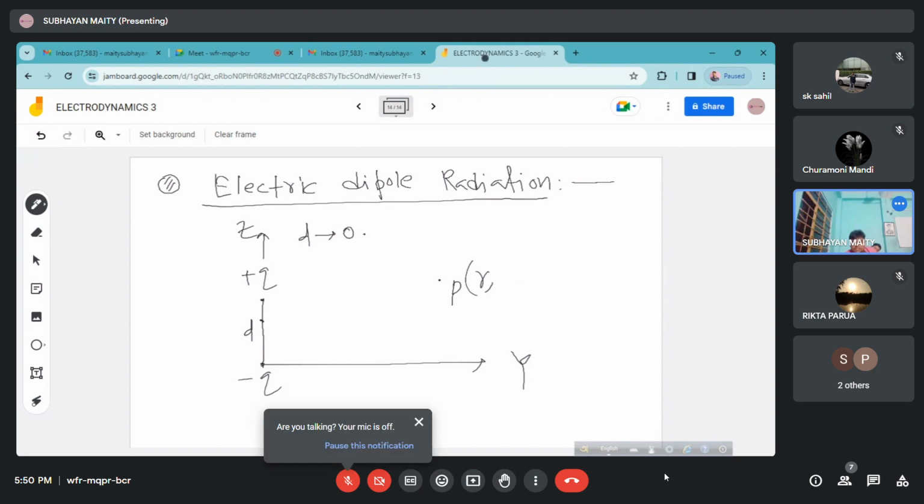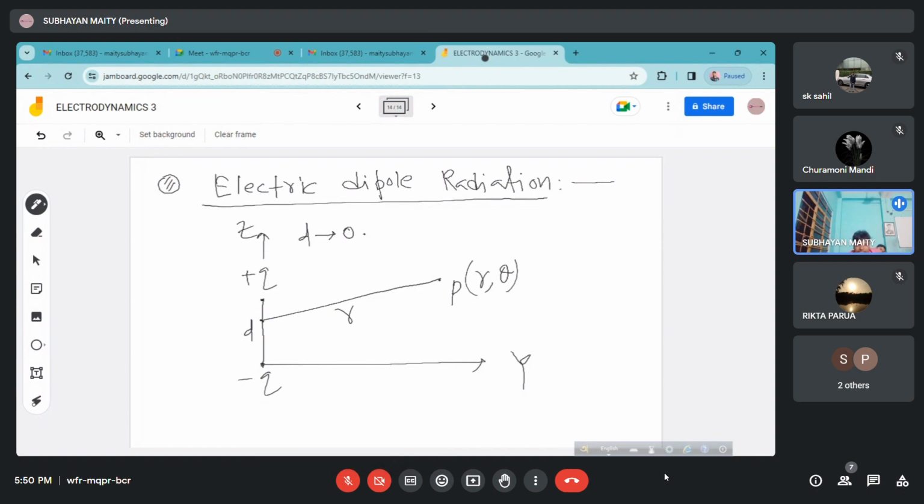That means from the origin the distance is r, and theta is the angle with the z axis. So we have defined the coordinate system in that way, that r is this one and theta is the angle with the z axis.